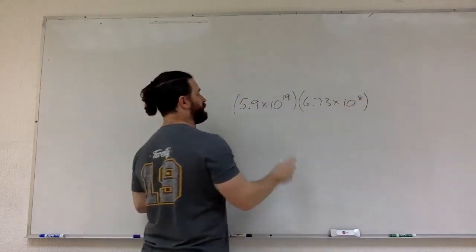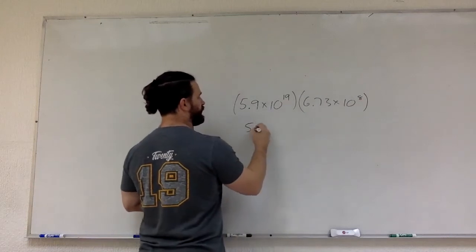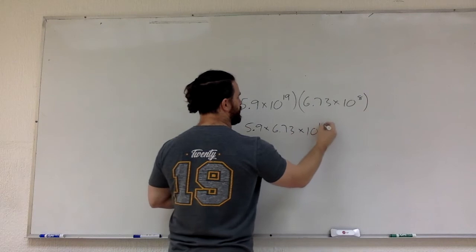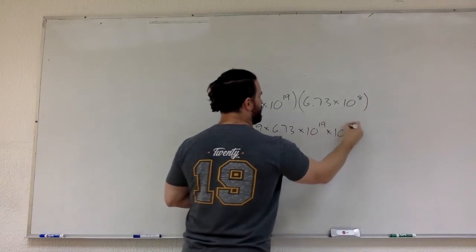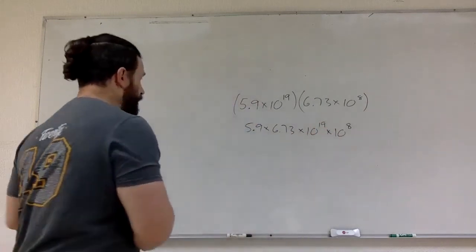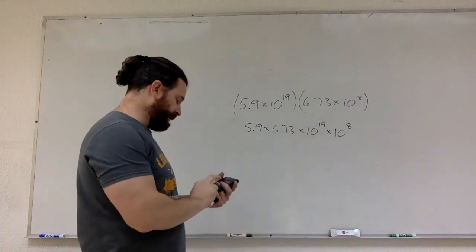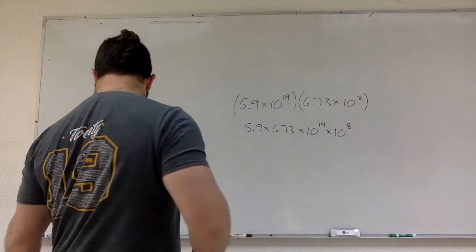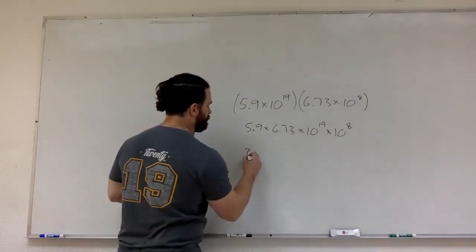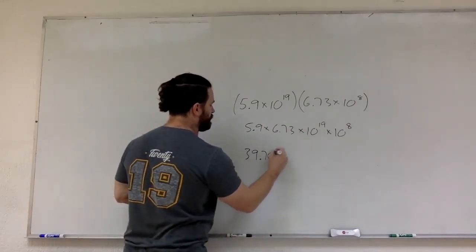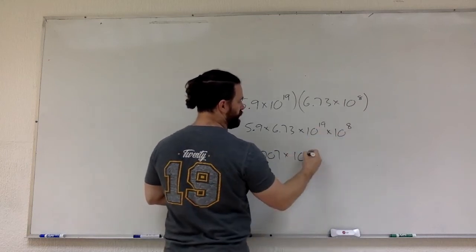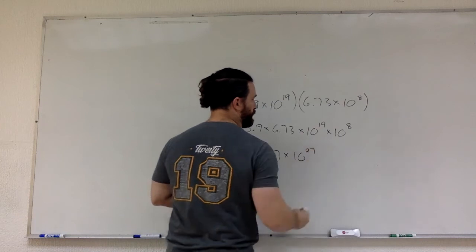So again, we can rearrange things. I got 5.9 times 6.73 times 10 to the 19th times 10 to the 8th. So if I do 5.9 times 6.73, I get 39.707 times 10 to the, add these two together, and I'm going to get 27.